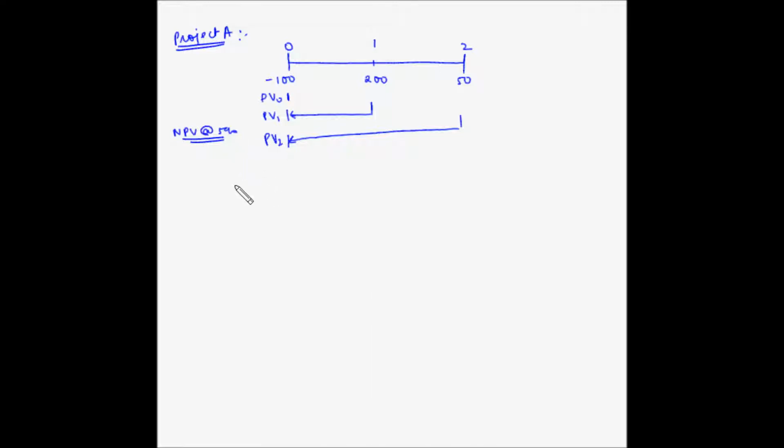So the NPV will be equal to the netting of all these or the summing up of all these present values. So PV0 plus PV1 plus PV2. Now PV0 is minus 100 plus PV1. So present value, we know the future value is present value into (1 plus i) to the power n.